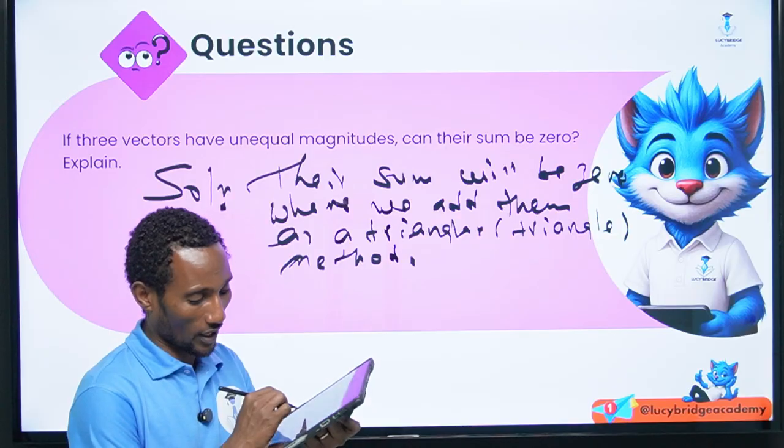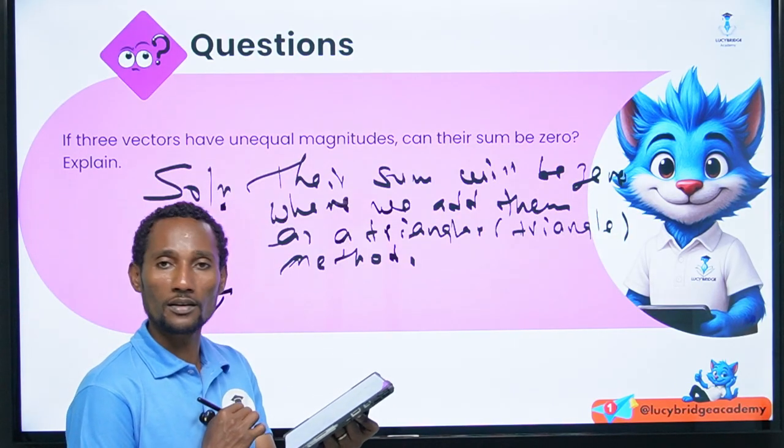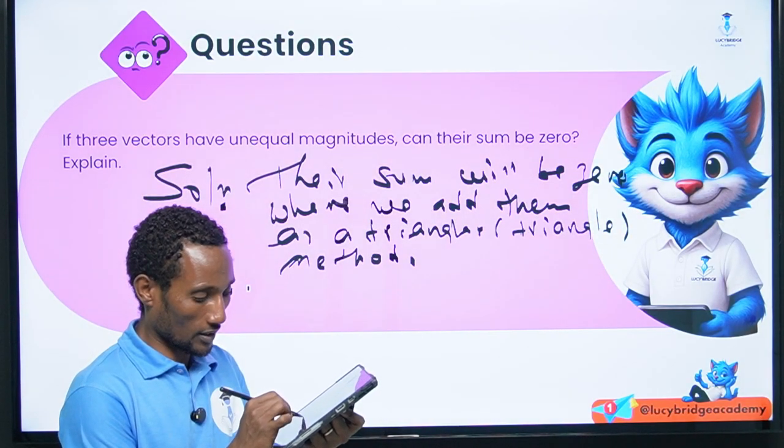This is having the three vectors like this, having different magnitudes.